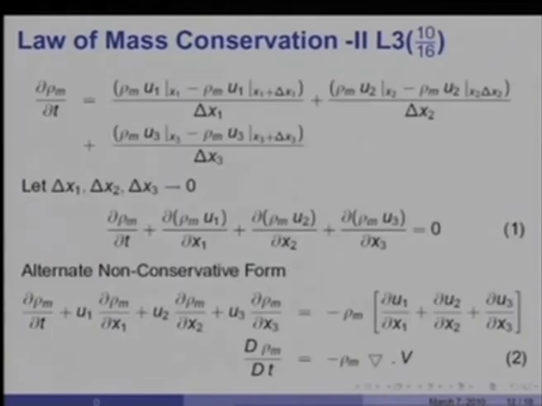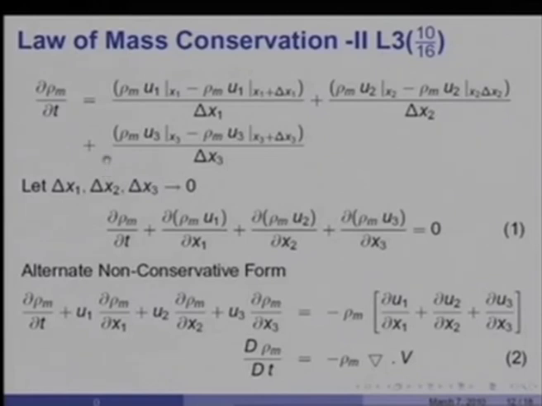Then the law of conservation of mass would read something like this: rho m u1 at x1, which is the mass flux in, minus rho m u1 at x1 plus delta x1, the mass flux out in the x1 direction, divided by delta x1. Similarly in y direction and similarly in z direction.